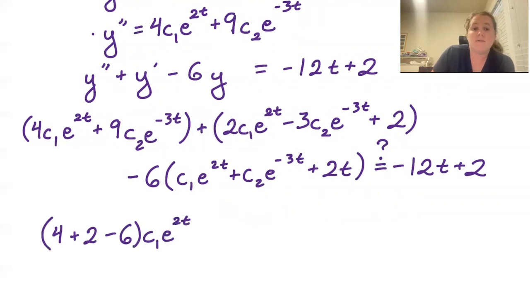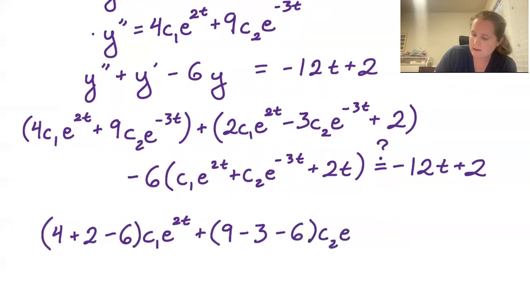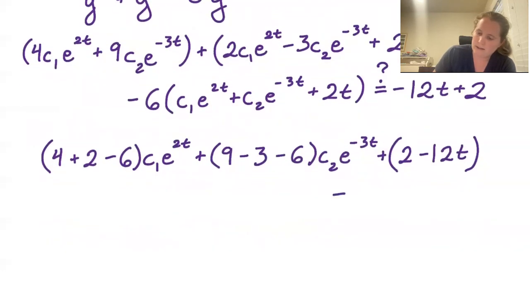Then for our c2 e to the negative 3t, we have 9 copies, then minus 3 copies, and minus 6 copies of c2 e to the negative 3t. And then for the last bit, we have a 2 and a minus 12t. We are verifying that this is equal to negative 12t plus 2.